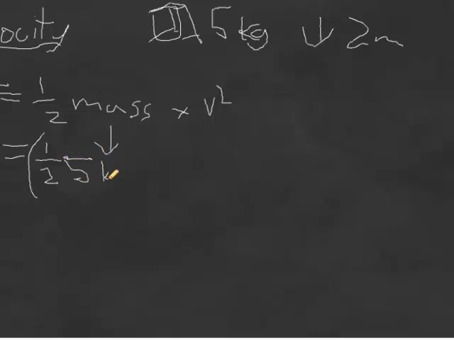So 1/2 times 5 kilograms, times velocity to the power of 2, or velocity squared.